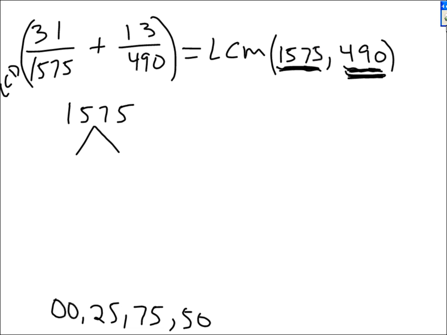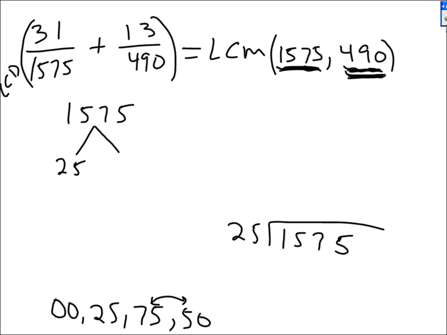If it ends in any of those four numbers, then 25 goes into this number. So when I do the division, I'm not doing it blindly. I know it's going to go in.